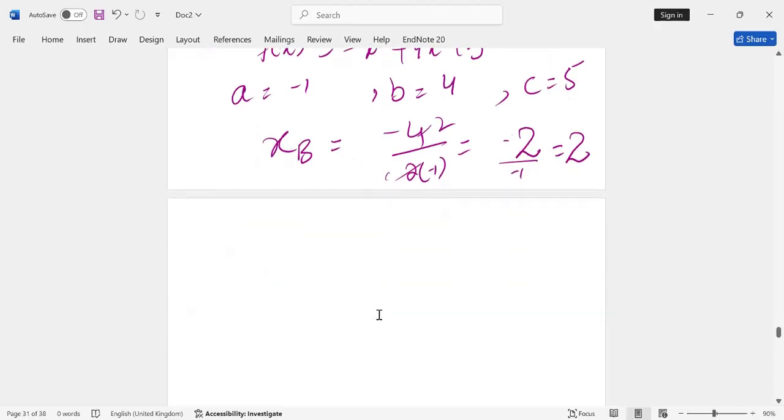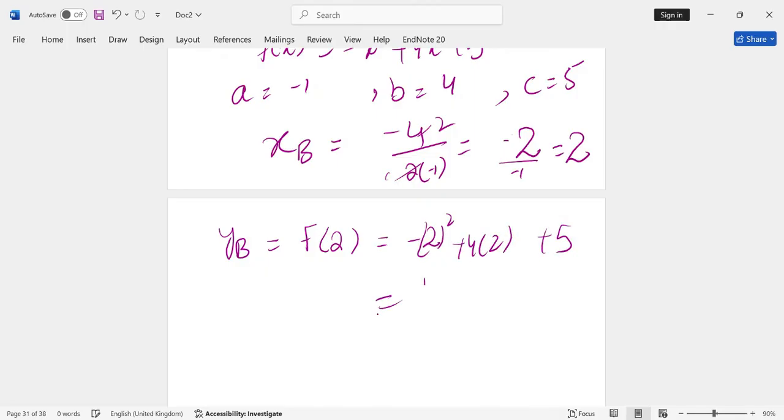And now we have to substitute the value of x_B into the function to find the y coordinate of B. All right. So we have y_B that equals f of 2 is equals to minus 2 squared plus 4 into 2 plus 5. All right. So we have minus 4 plus 8 plus 5. All right.